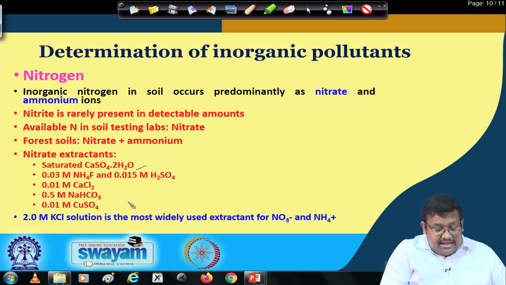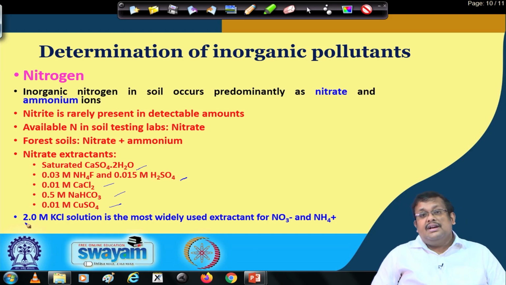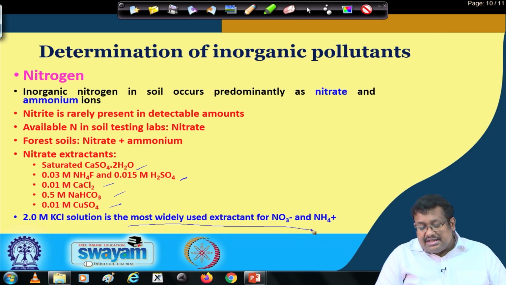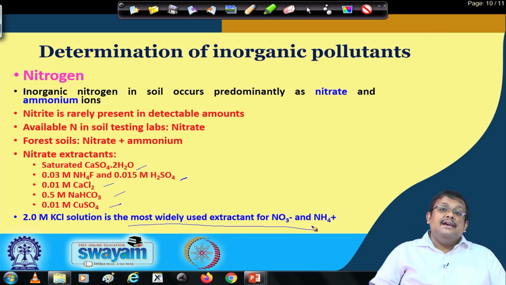2H2O, then 0.03 molar ammonium fluoride and 0.015 molar H2SO4, 0.01 molar calcium chloride, 0.5 molar sodium bicarbonate, and 0.01 molar copper sulphate. All these are generally used as extractants for nitrate, and 2 molar KCl solution is the most widely used extractant for nitrate and ammonium.